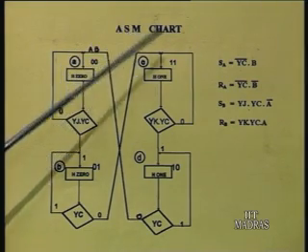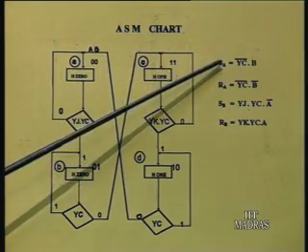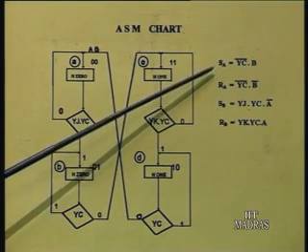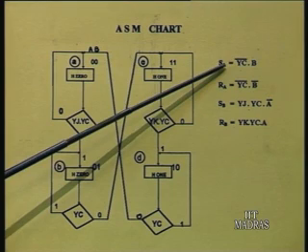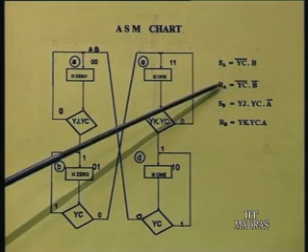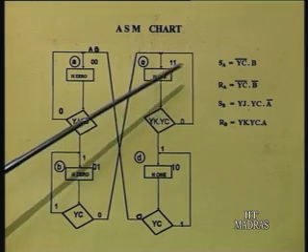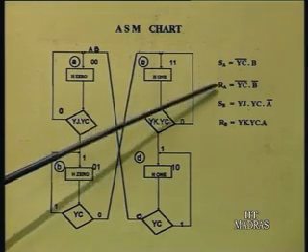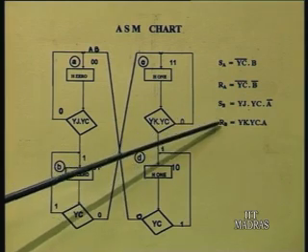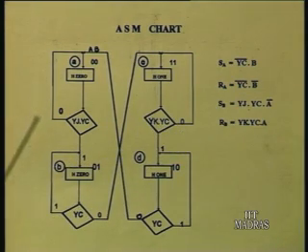Then we derived the equations for SA and RA, that is, for the state variable A, what is the set input and what is the reset input. SA and RA we got this equation. Similarly, we also worked out SB and RB.